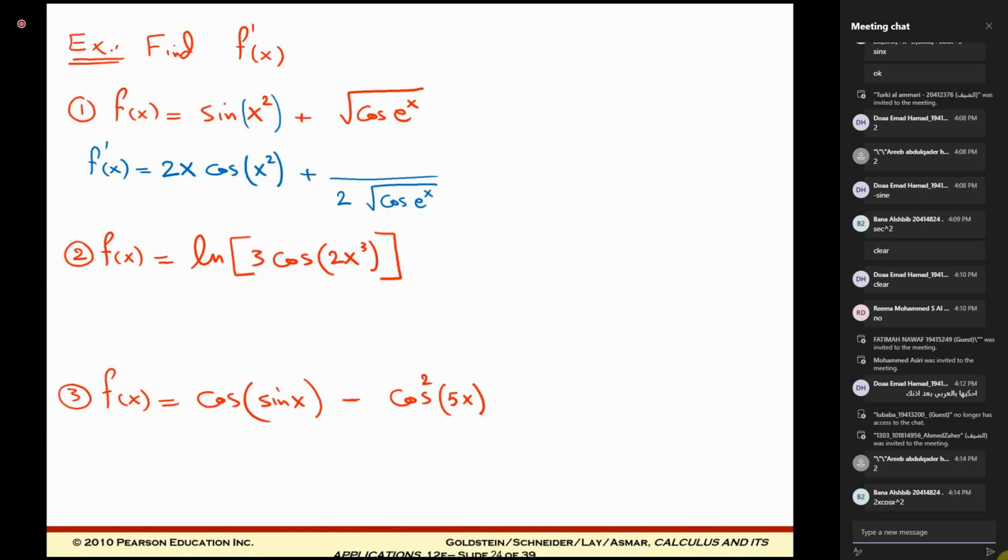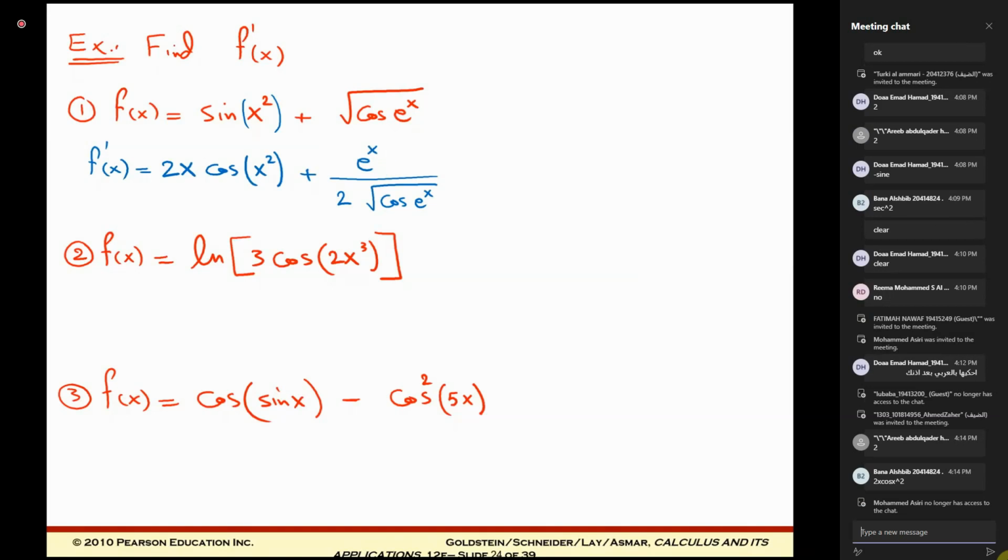What's the derivative of cosine x? x, the derivative of cosine is negative sine, and put it the same angle. Okay, like this.